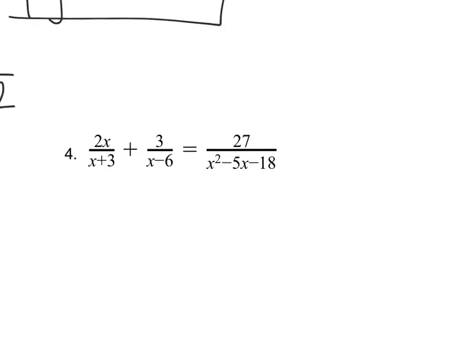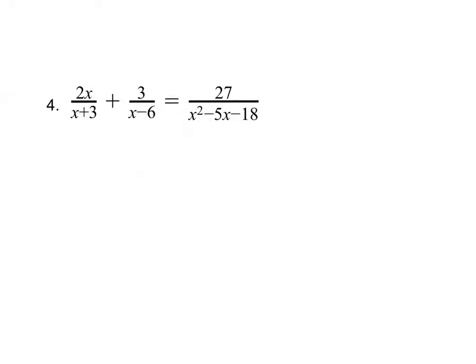Our second example, 2x over x plus 3 over x minus 6 equals 27 over x squared minus 5x minus 18. So before, I'm actually going to go ahead and change the denominator of our function to x squared minus 3x minus 18.